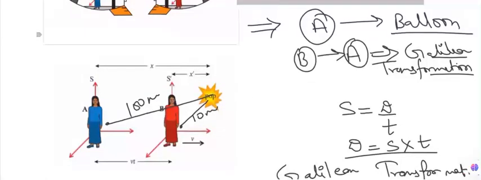If you are facing any doubt, just write it. I will just write this Galilean part alone. So from tomorrow, I will start the other transformations also.